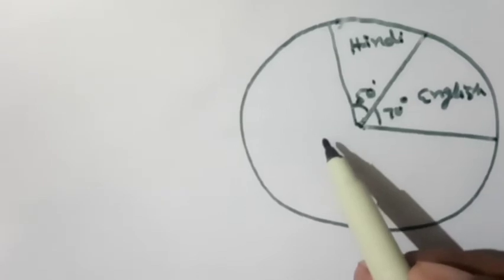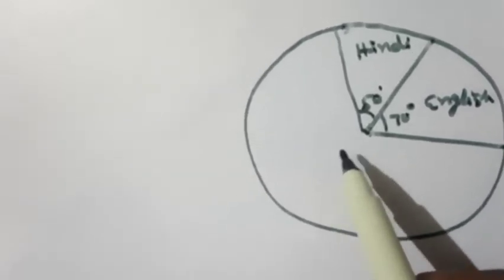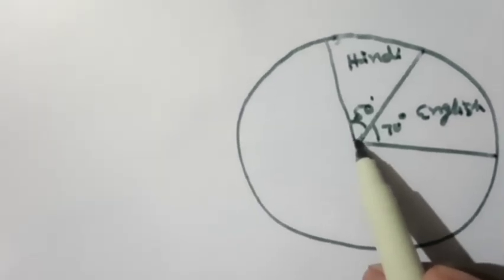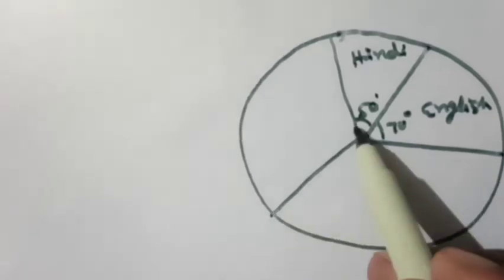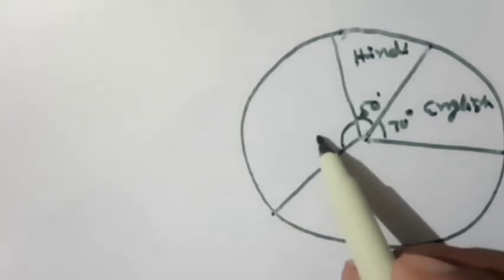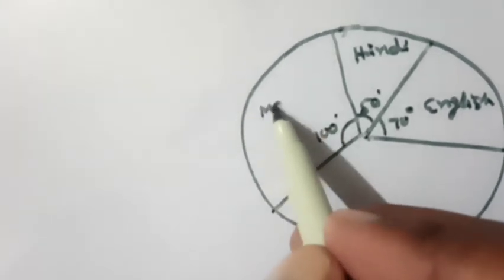Next subject is math, and its central angle is 100 degree. Then we construct 100 degree with protractor. Let this angle be 100 degree, and subject is math.